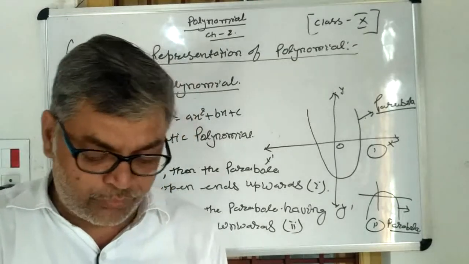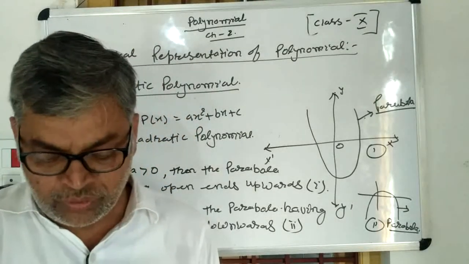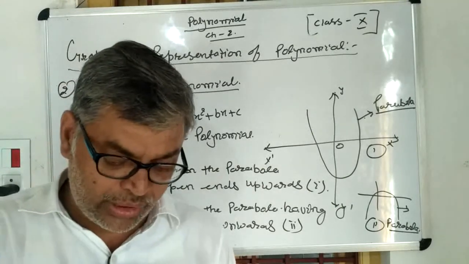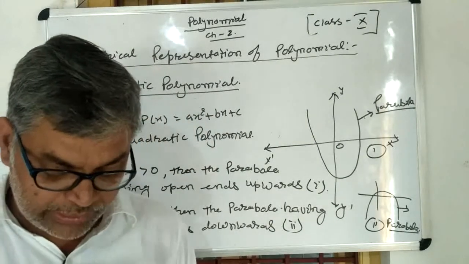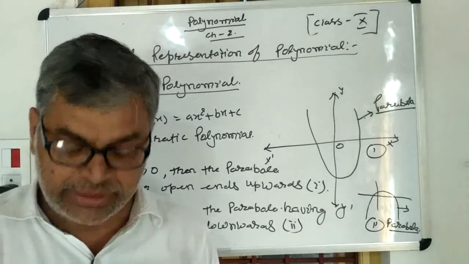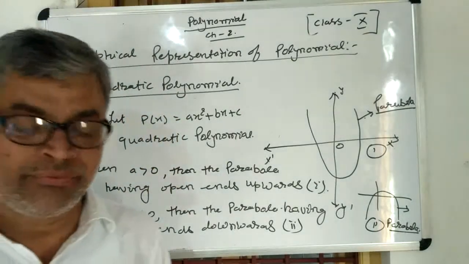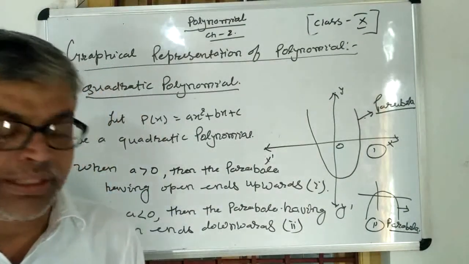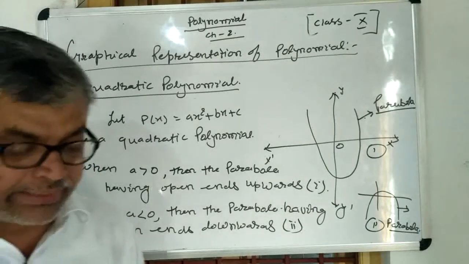So graph 1 has no zero, graph 2 has 1 zero, graph 3 has 3 zeros, graph 4 has 2 zeros, graph 5 has 4 zeros, and graph 6 has 3 zeros. So in this way, you simply have to see the graph and check at how many points the graph intersects the x-axis.